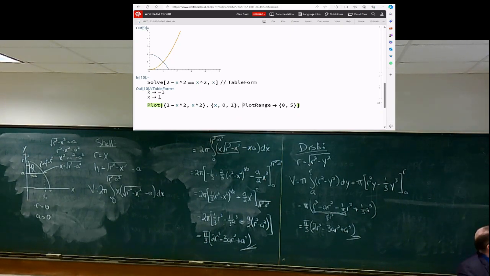I don't need the plot range anymore. Default should be fine. I'm going to change that instead to plot style just to make them both the same color. Filling. It's between 2 curves, right? And then filling style.